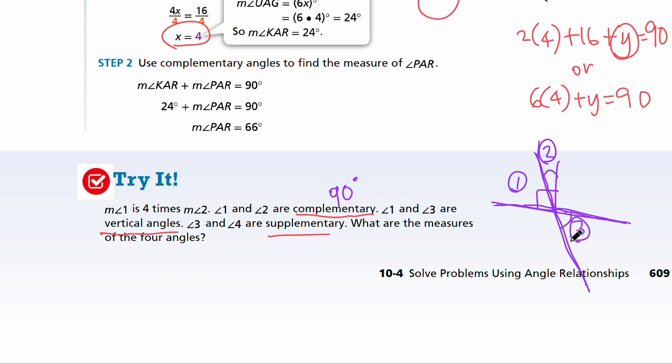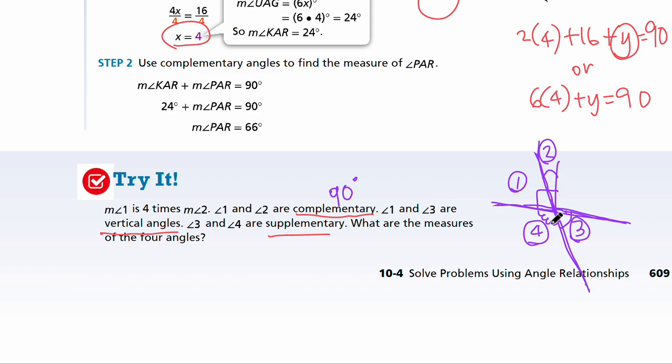And then 3 and 4 are supplementary. So 4 could be this one or this one, including 2, right? So let's say this is 4.